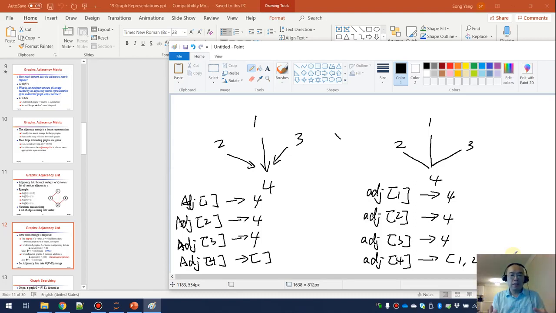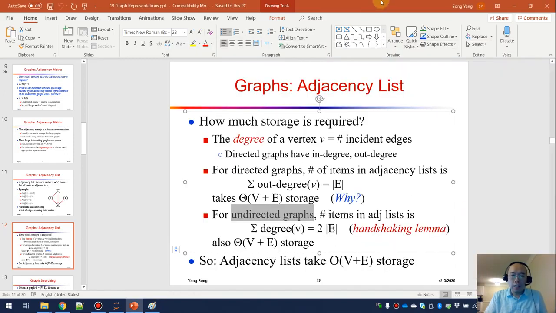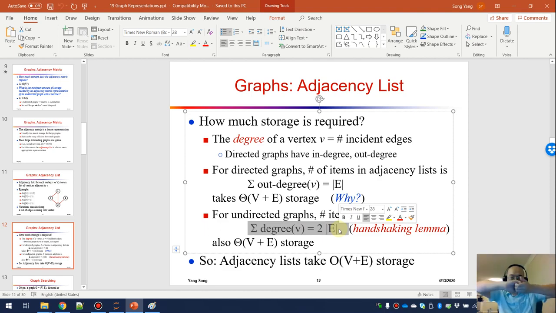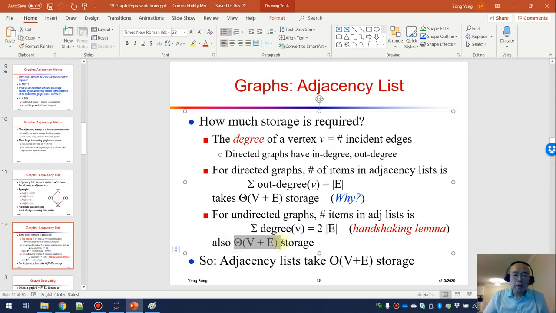So for each of the edges, we are going to count that twice. That is the reason that we have a total of 6 edges counted here. But anyhow, the sigma, the total number of the edges should be 2E because we are doing handshaking, okay? But that is still a sigma of the V plus E storage.